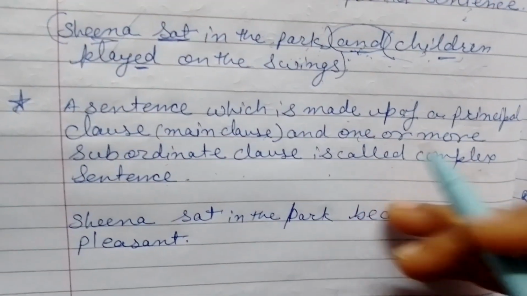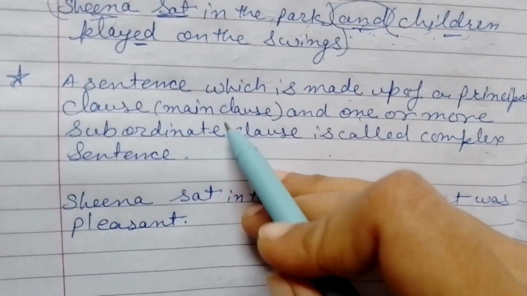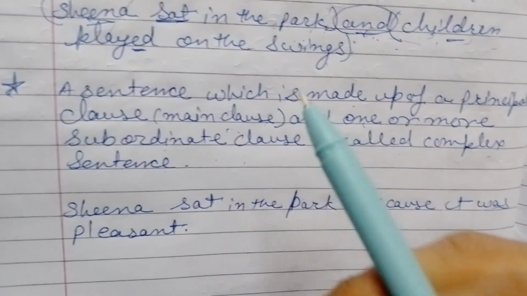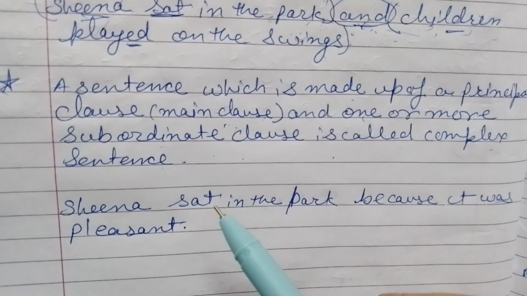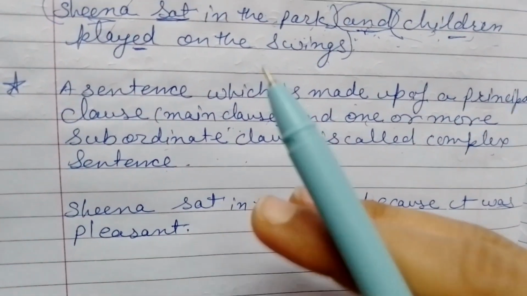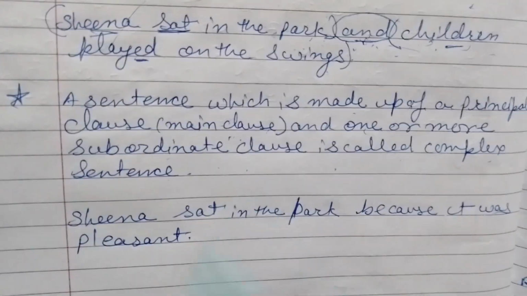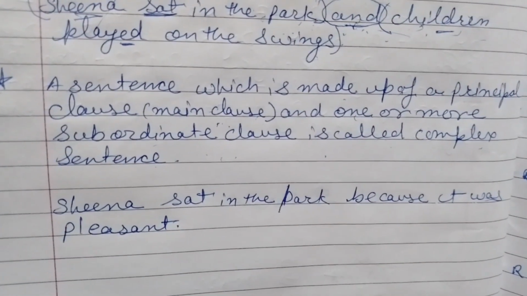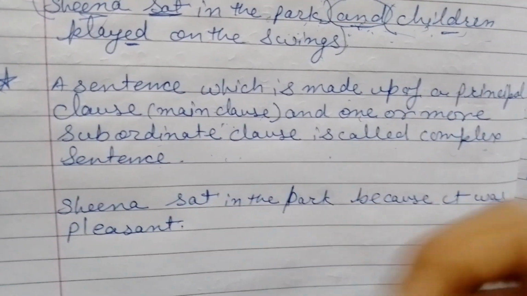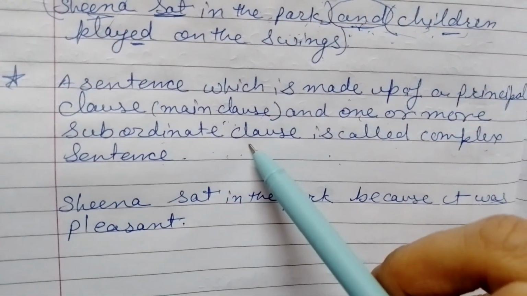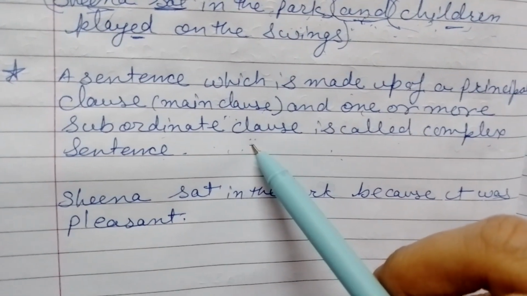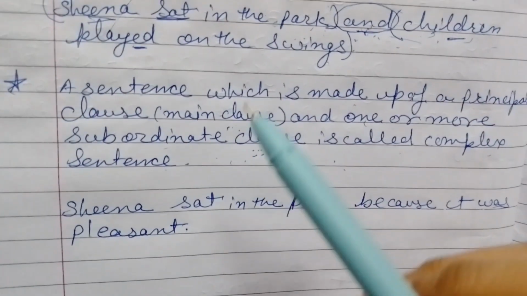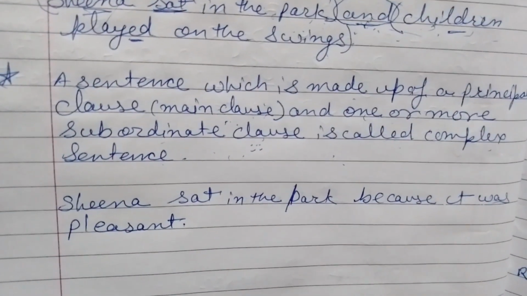Now, a main clause, or principal clause, is a clause which can survive on its own. It does not need the support of any other sentence or word, right? It will have its own meaning. It can stay independent. But a subordinate clause is a dependent clause. It will depend on the main clause to clear its meaning.